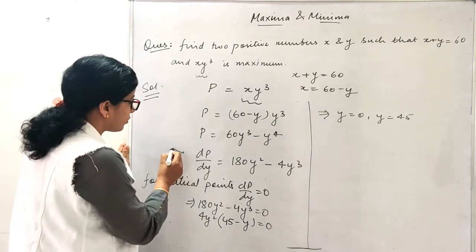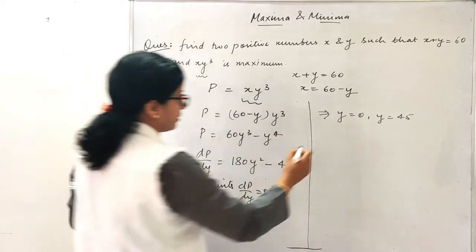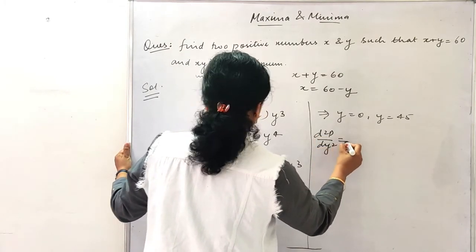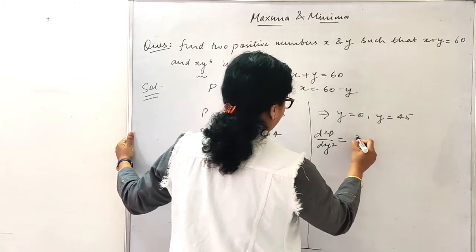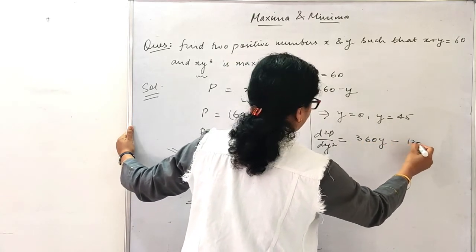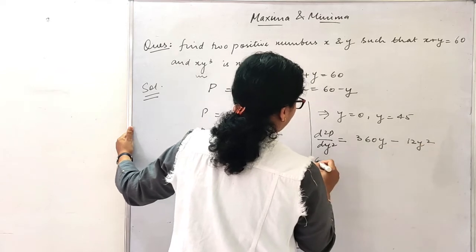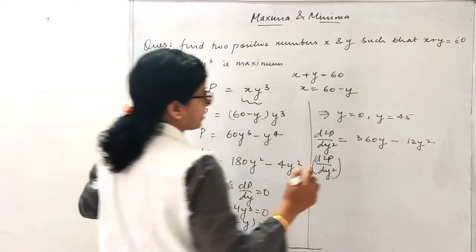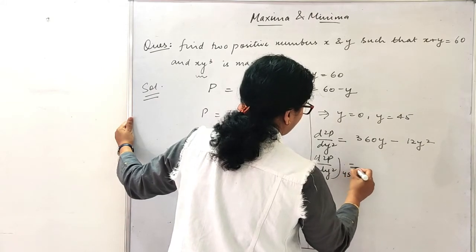So it means I am going to differentiate this quantity again. Now if we find at 0, it will become 0, right? And now we will find it at 45.